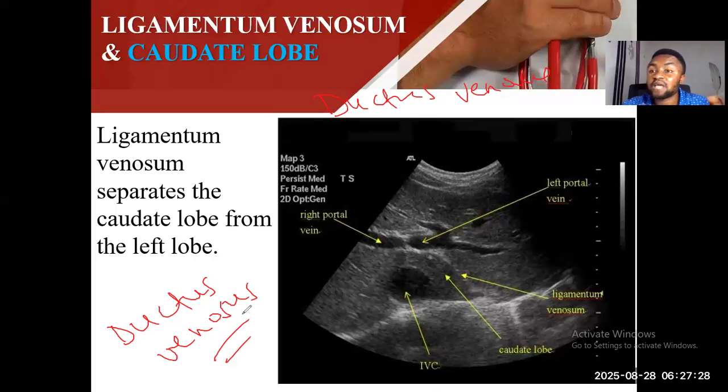Yes, most of the veins are arteries. Most of the arteries are veins in embryology. Yes. So that shunt diverted the blood away from the liver into the inferior vena cava directly. Then it will be sent to the right atrium of the heart. That shunt is called ductus venosus.